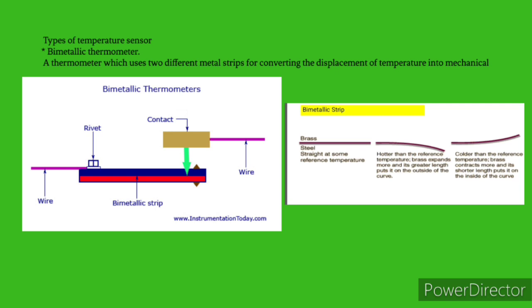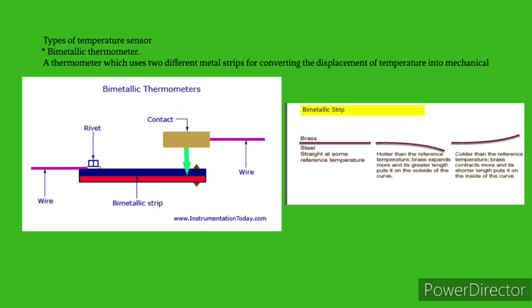Now here you can see in this diagram that there is a rivet. A rivet is a method by which these two metal strips are connected to each other. We know that every metal has a different rate of expansion and contraction, so these two metals will also have different rates.